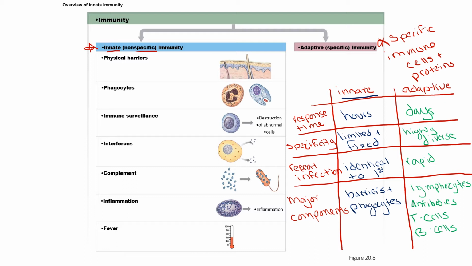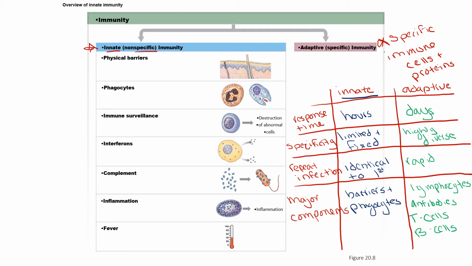Your adaptive immunity is going to take days to respond. Your innate immunity's specificity is limited and fixed, while your adaptive immunity is highly diverse.